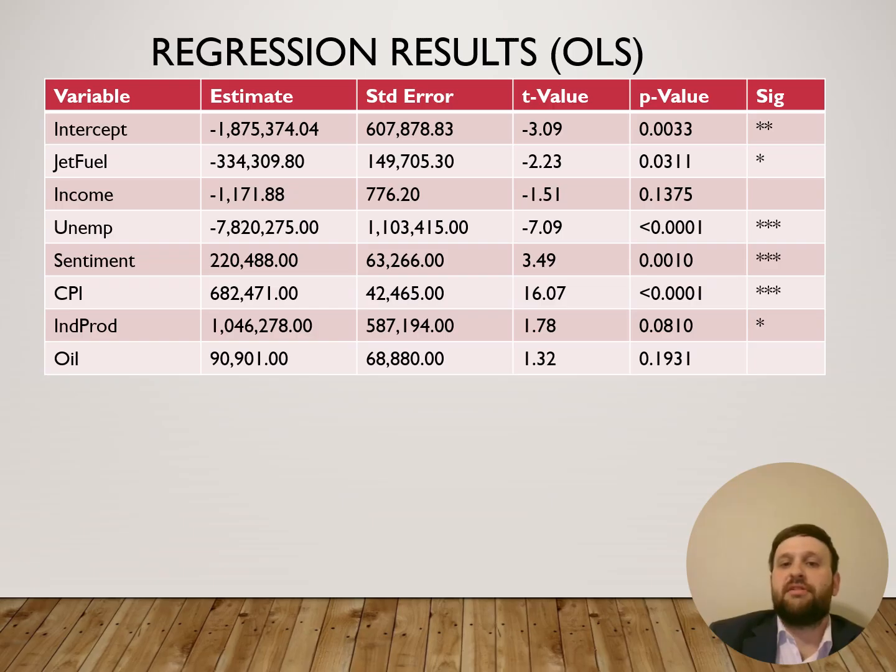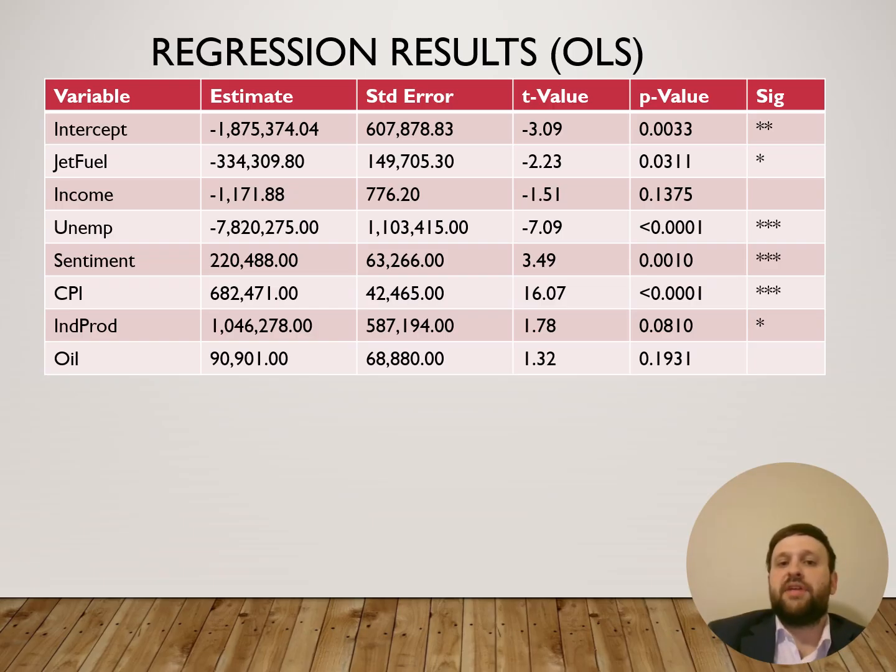The table summarizes the regression results. Several predictors are statistically significant and line up well with the economic intuition that you would think of when you think of how the economy affects airline passenger travel. Unemployment has a large negative and highly significant effect, meaning that higher unemployment is strongly associated with reduced air travel.